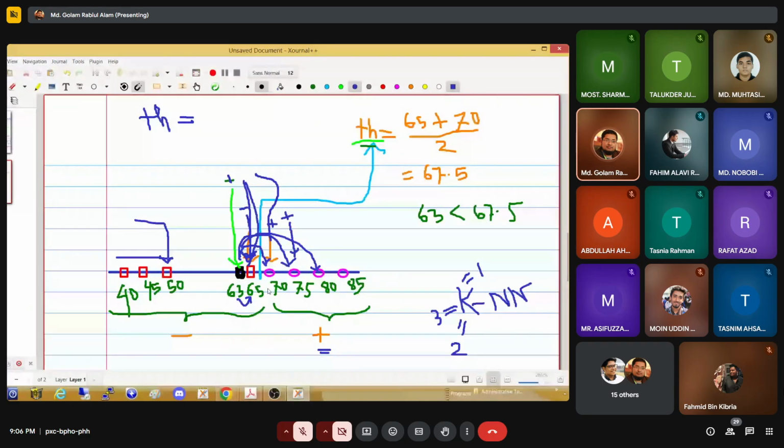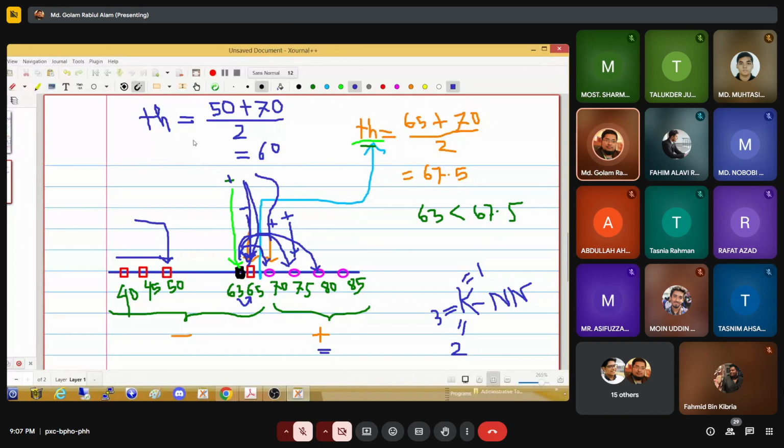So that means the threshold will be determined based on 50 plus 70 divided by 2. In this case, it is 60.